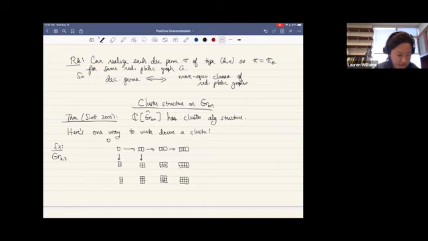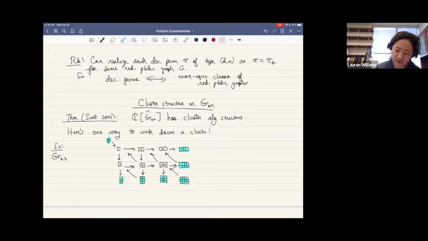I have the empty set here, and then arrows are like this. And let me just denote the frozen variables by highlighting them in blue, I guess.